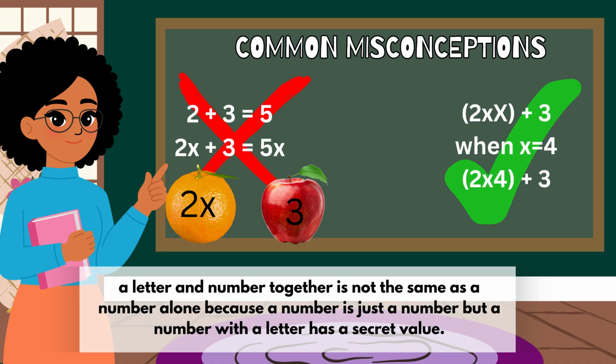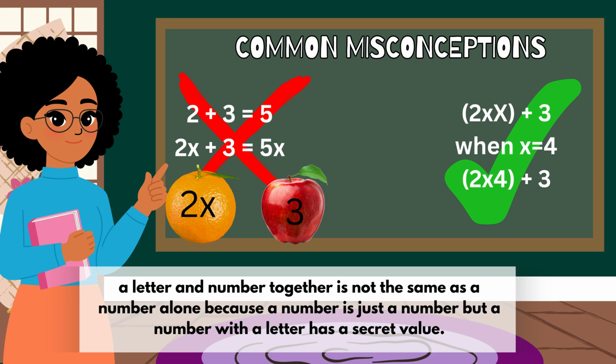If we look at it as 2x being an orange and 3 being an apple, an orange and an apple look completely different to each other. We know that an orange is orange in color and is rounder, and an apple is red in color and has a completely different shape to an orange.